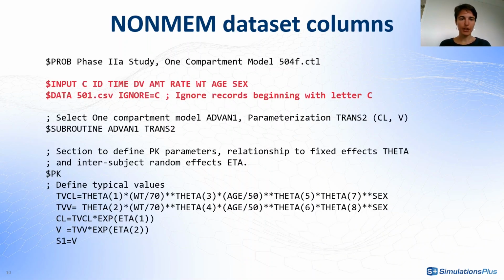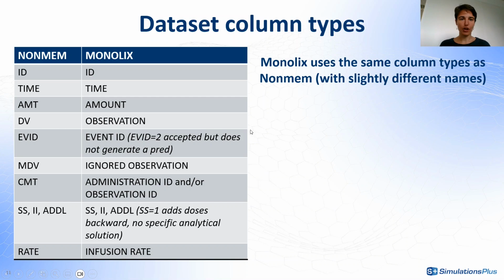All right, so let's first start with the dataset input. Here I see my dataset name and the different columns that will be used. Monolix uses the same column types as in Nonmem, just with slightly different names.